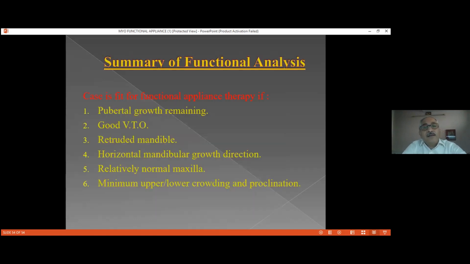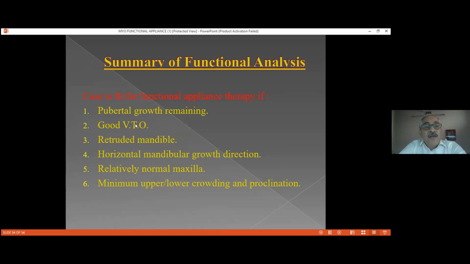Again, I would like to summarize once again the functional analysis. The case which fits for functional appliance therapy is a patient who should be growing, be it bionator, be it functional regulator, be it elastic open activator, be it a Bimler appliance, be it an activator, whatever appliance we are going to choose, the patient has to be in a growing age.